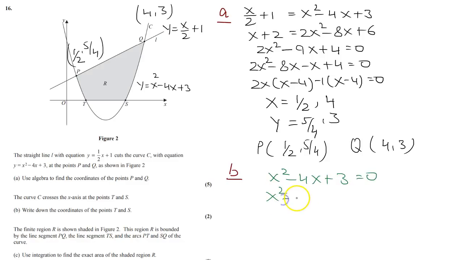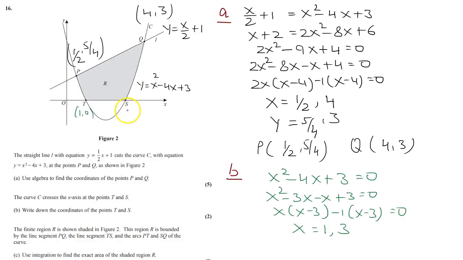So x² − 3x − x + 3 will be 0. x common, (x − 3) minus 1 common, (x − 3) is equal to 0. So values of x are 1 and 3. So this is (1, 0) and this is (3, 0). These are the coordinates. Part B.